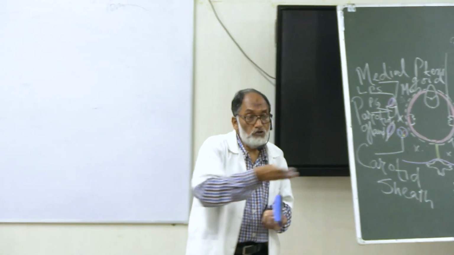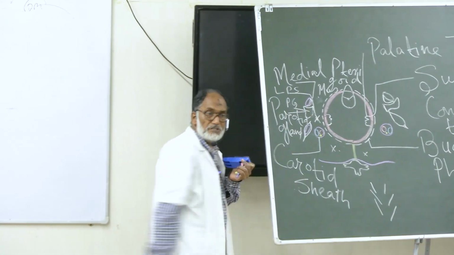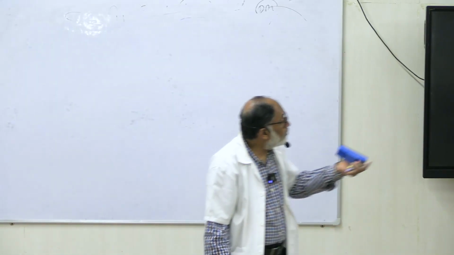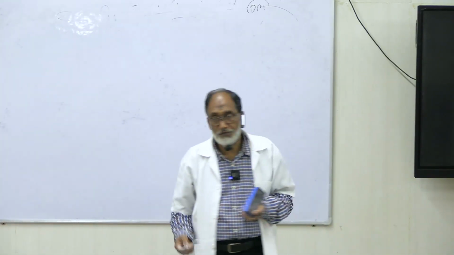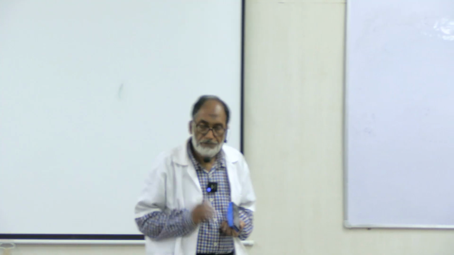Investing layer. So here lies the posterior layer of the investing layer of the cervical fascia, right? So this is the boundary of the lateral pharyngeal space, right? Did you understand?